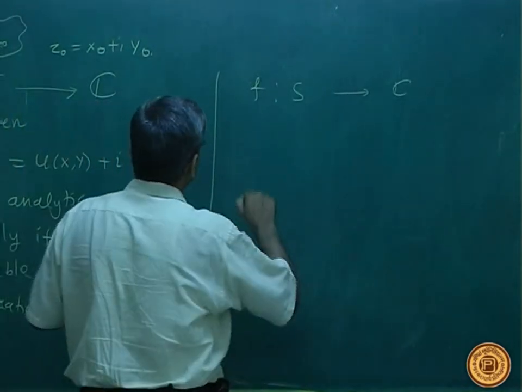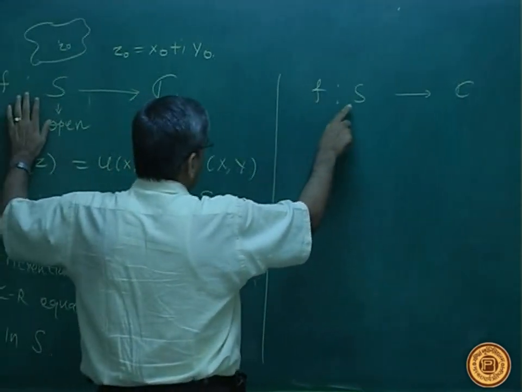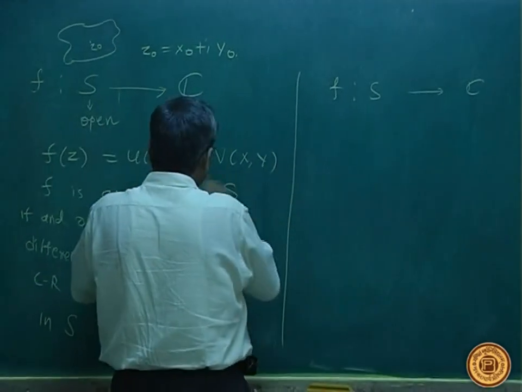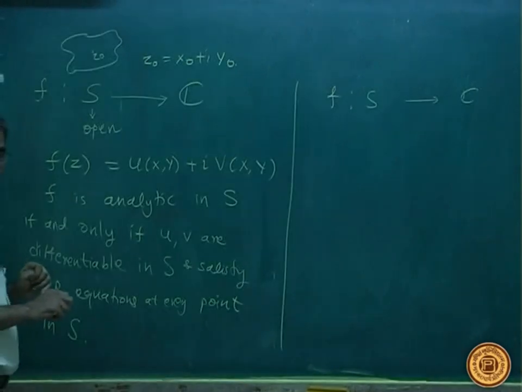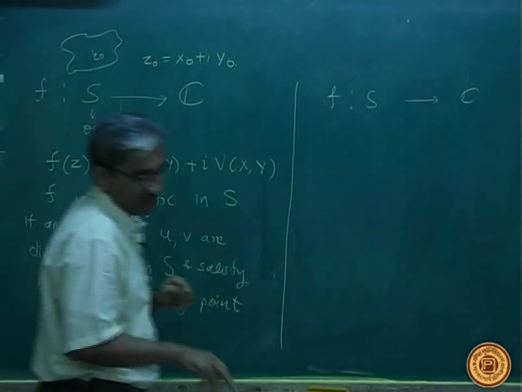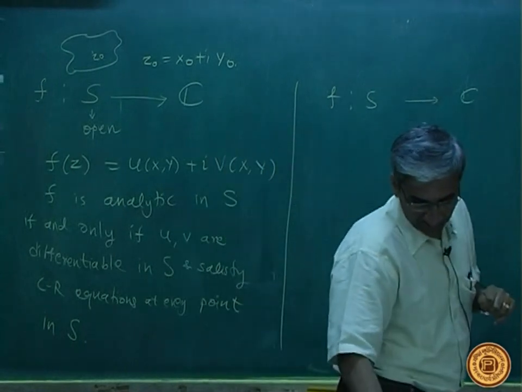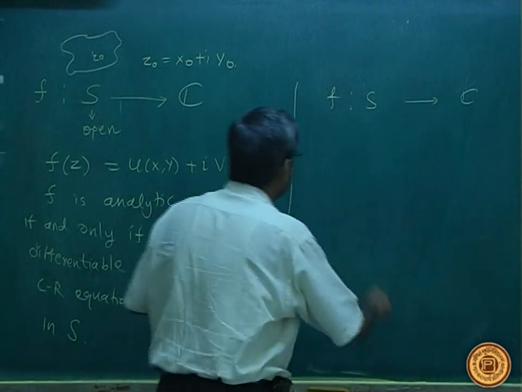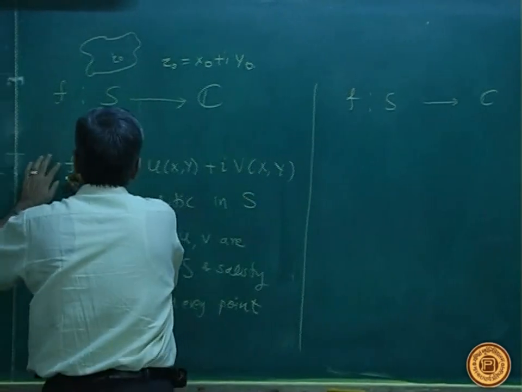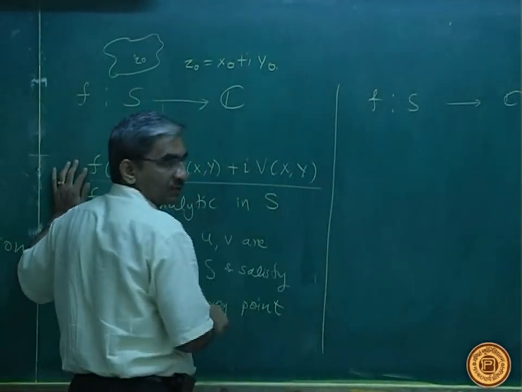Then suppose u and v have continuous first order partial derivatives. See this, u and v are continuous, partial derivatives of u and v are continuous. So remember, this is f(z) equal to u(x,y) plus i v(x,y).